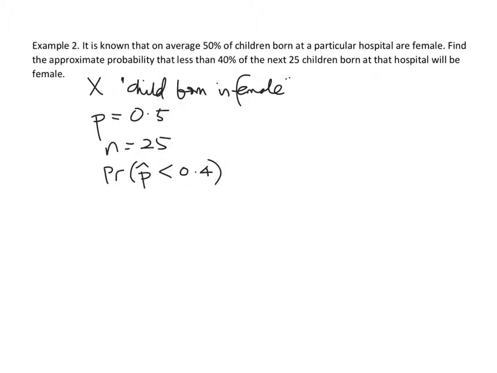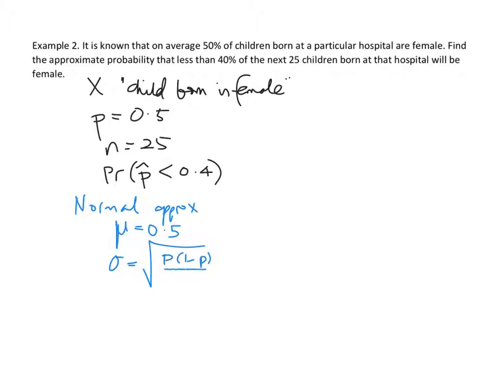So again, we use our normal distribution or normal approximation. The mean will be 0.5, the population parameter. The standard deviation will be the square root of p times 1 minus p over n. So we have 0.5 times 0.5 over 25, take the square root of all that. That gives me 0.1, I believe.